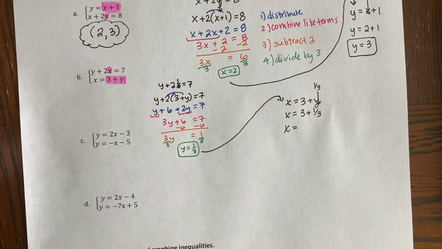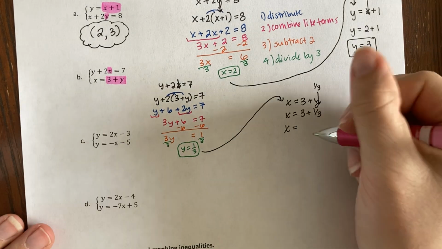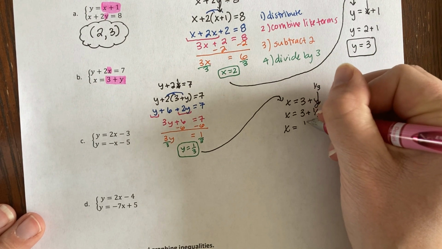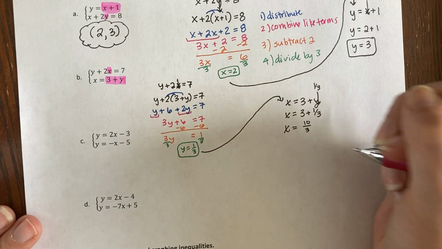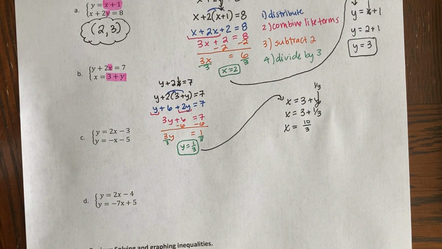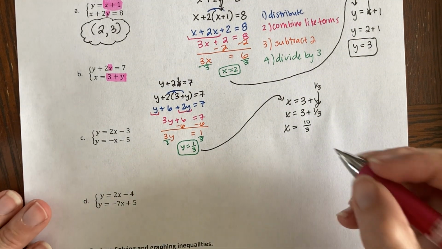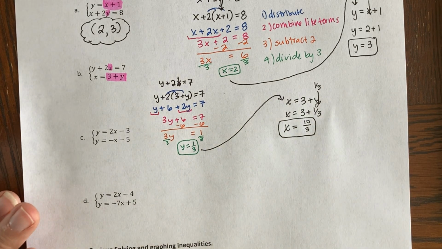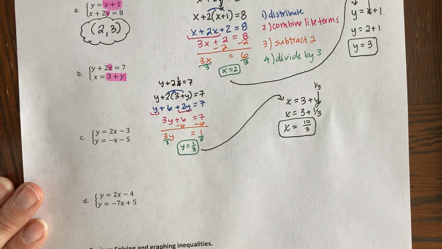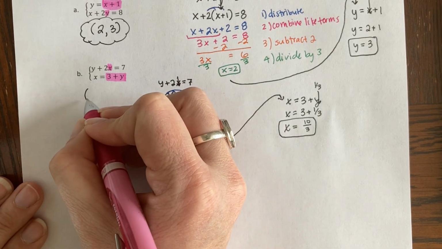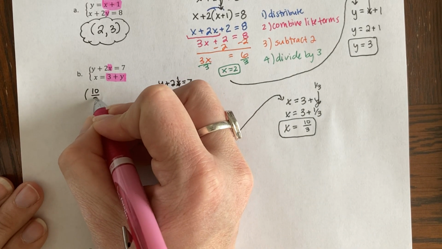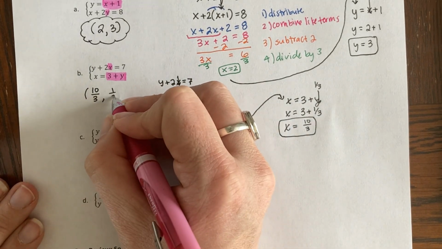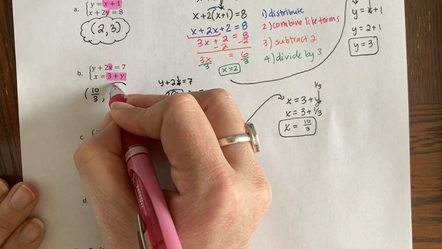I'm going to write it as a fraction, so 3 times 3 is 9, plus 1 is 10 over 3. For my answer, I would have 10 over 3 for the x and 1/3 for the y.